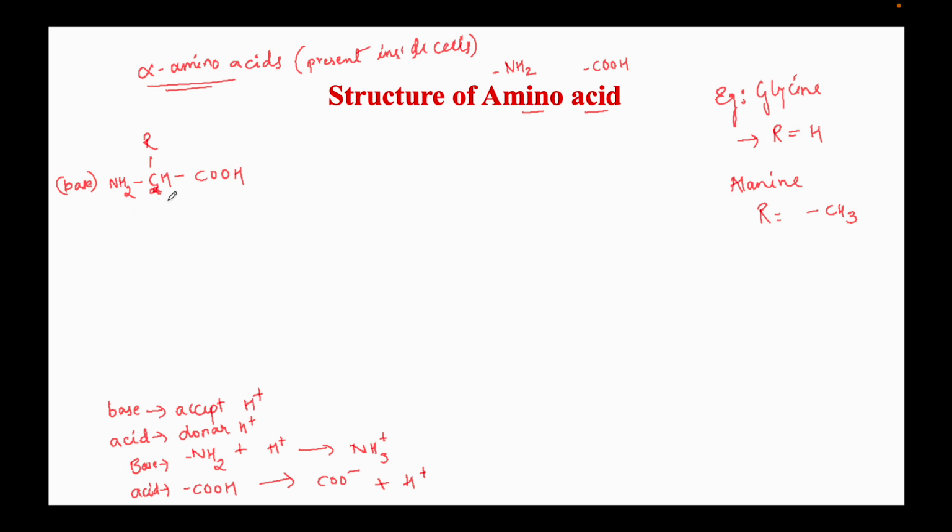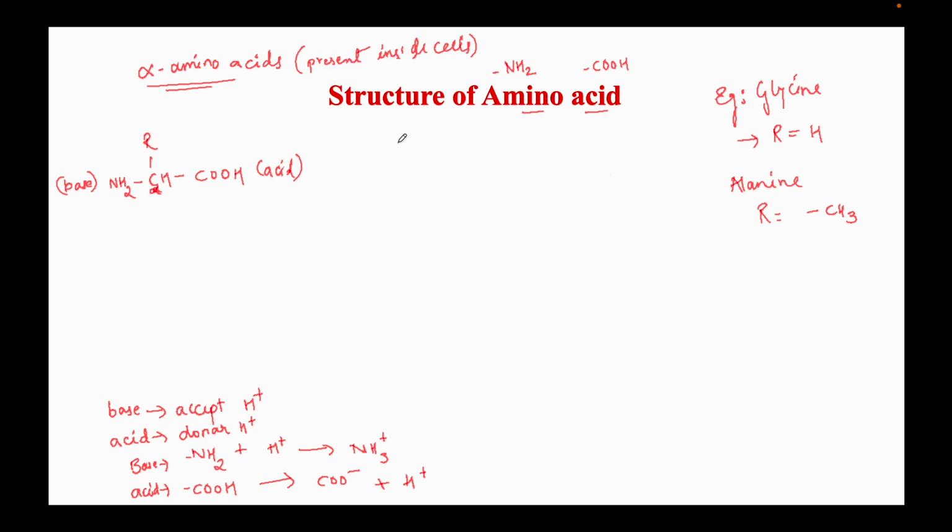Simple. So in amino acids the base is the amino group, as you can see from the example, and the carboxylic acid is the acid group. So in general, an amino acid will have one base and one carboxylic acid. Any amino acid, even glycine, will have one base and one carboxylic acid, right?